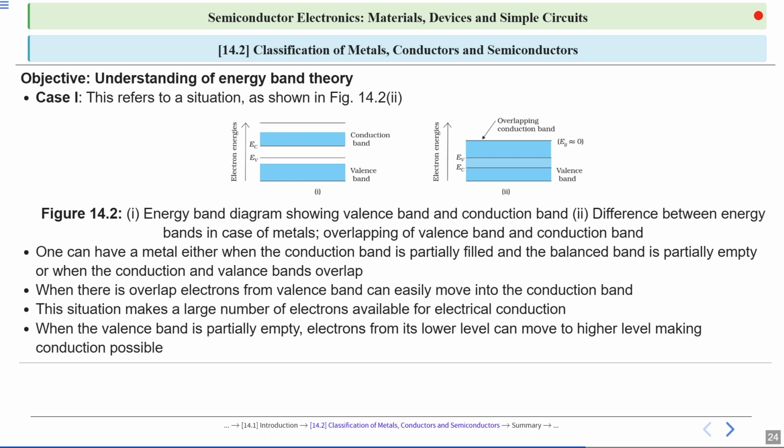When this band is partially empty, meaning not all energy levels are filled, the electrons can move to higher energy levels within the band. This movement allows electrons to gain energy and transition to the conduction band, where they can freely move and carry electric current. This process is essential for electrical conductivity in materials like conductors and semiconductors.